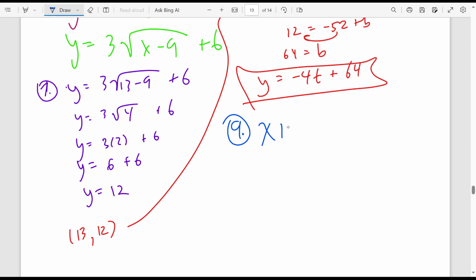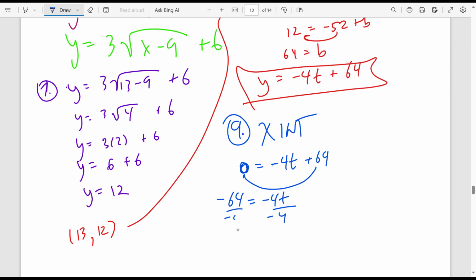And then set y equal to 0. That's the only one that's different: everything else I've been solving for is y when x is something. Now the last step is, what is t when y is 0? Plus 64. Bring that over. Negative 64 is equal to negative 4t. Divide by negative 4, divide by negative 4.